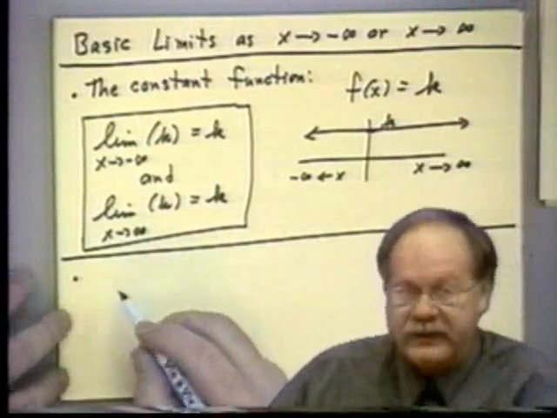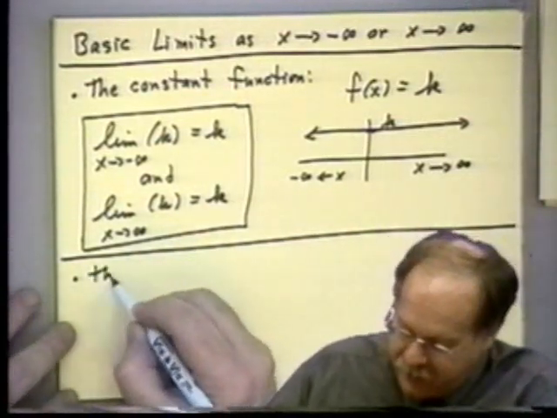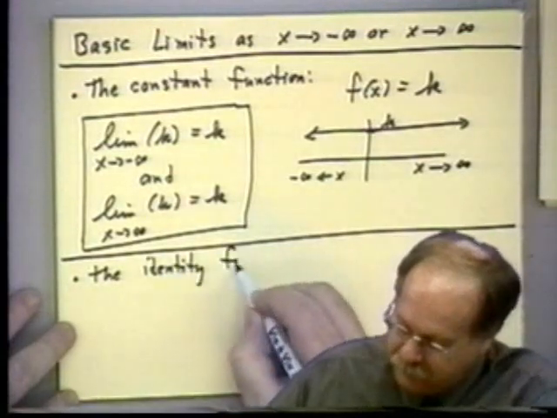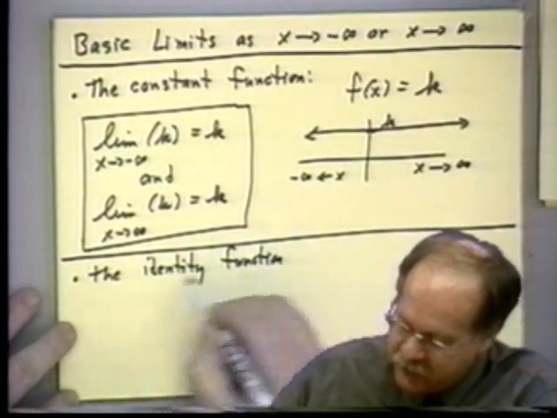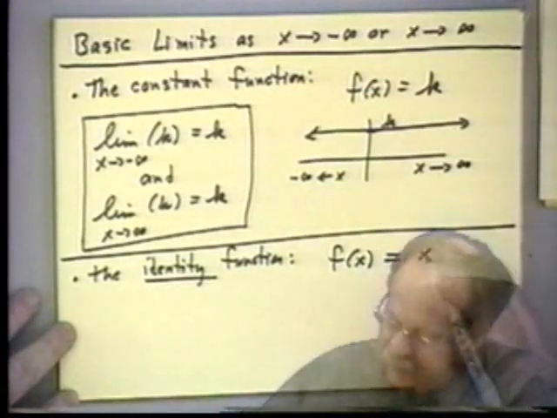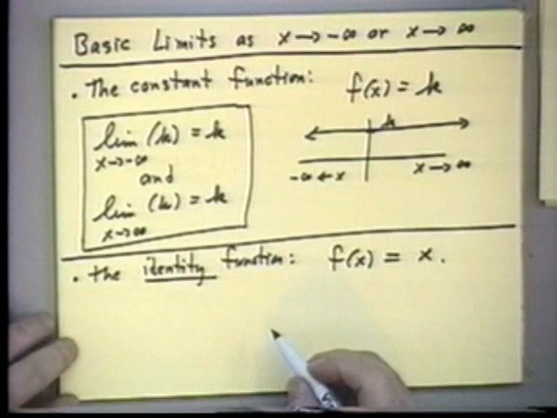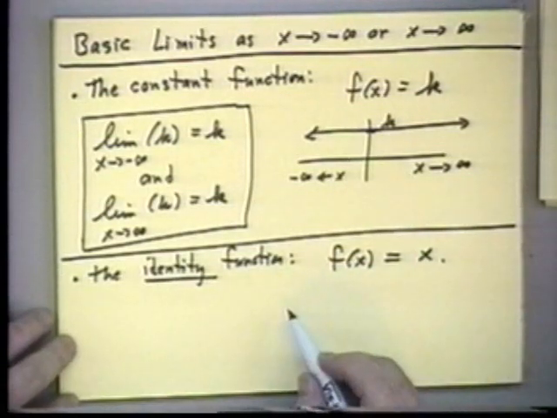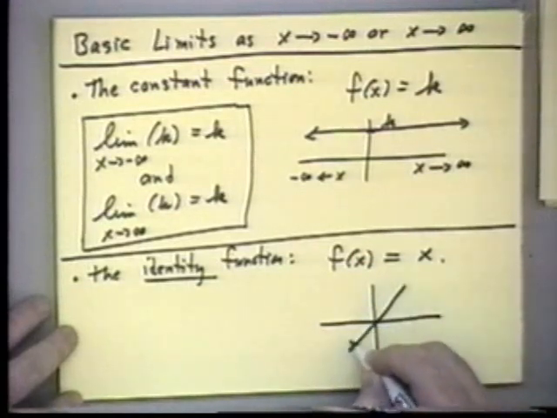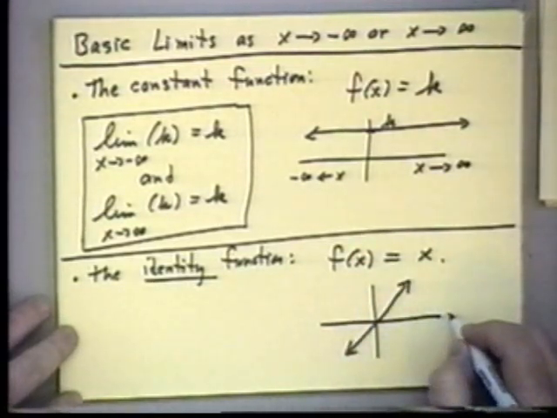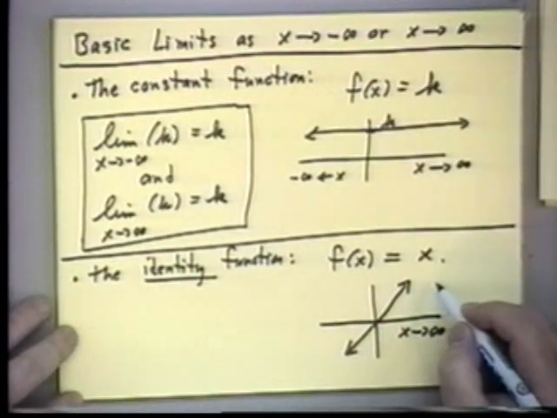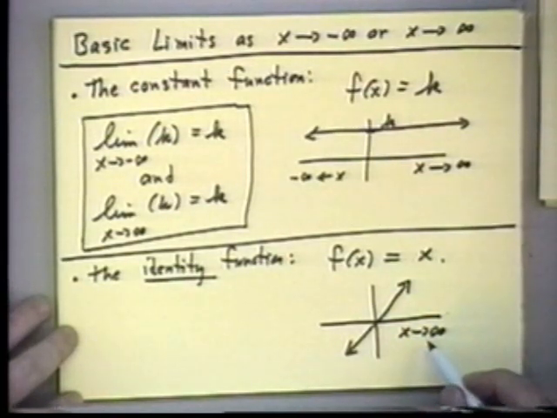Now let's look at a more interesting function, the identity function. And this is one we've seen before too. This is the function that doesn't do anything to x. So f of x equals x. It is identically the same as it was when it went into f. And this function again is one that we know well. It's just the 45-degree line passing through the origin. And as x goes to infinity, we can see that this function is going upward to infinity, just as x is.